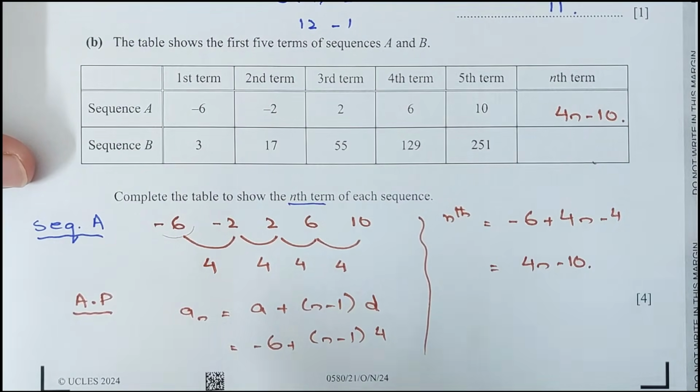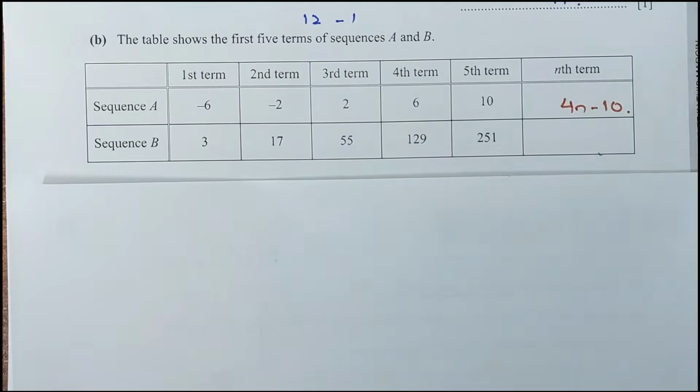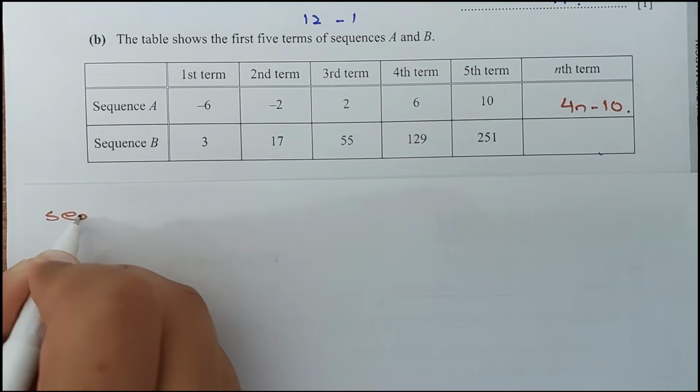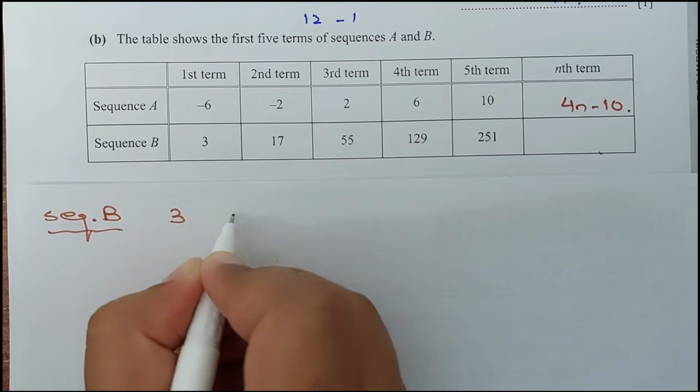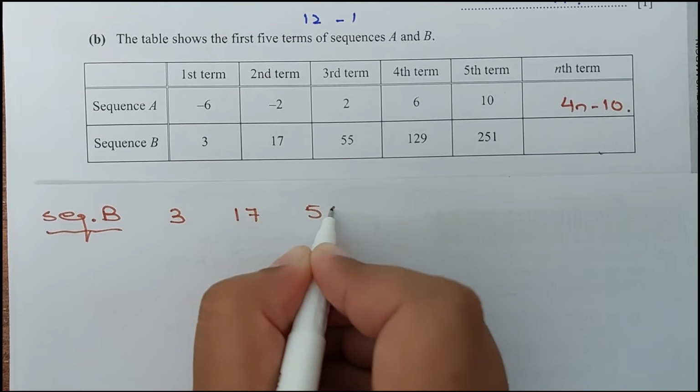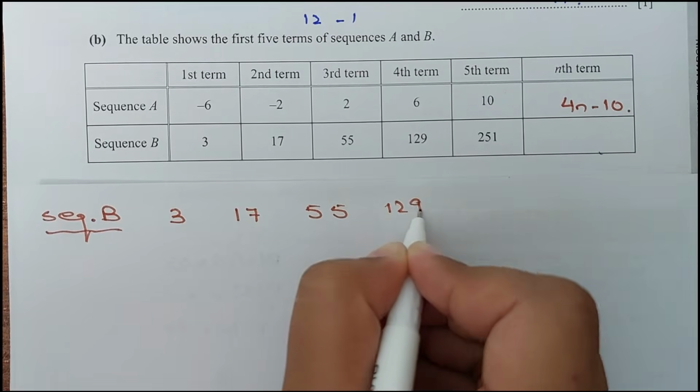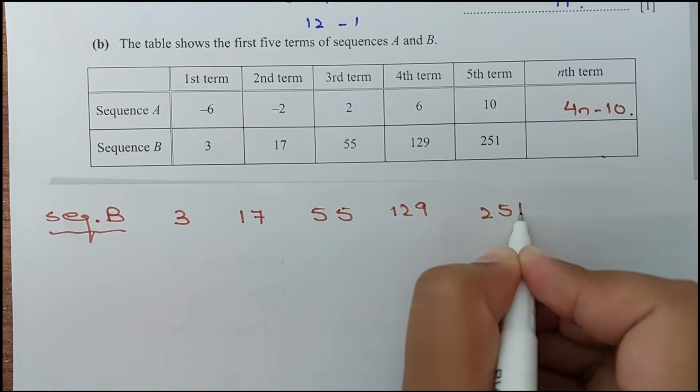Now let's work on sequence B, using a separate sheet of paper. So 3, 17, 55, 129, and 251. Let's work out the differences.